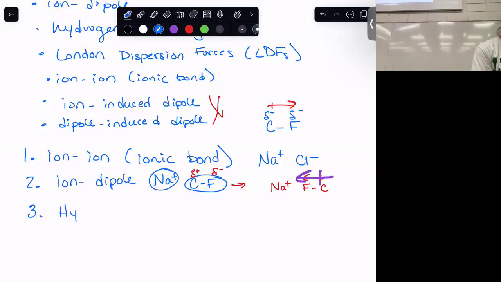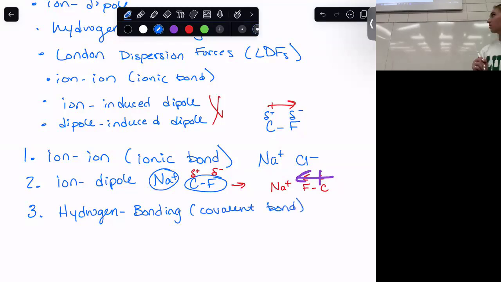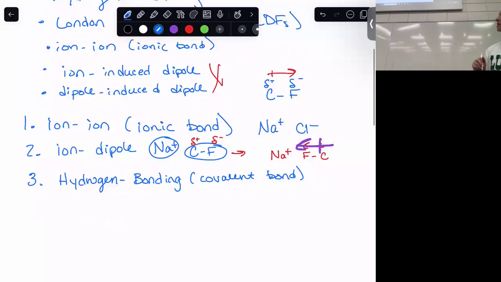Then we have hydrogen bonding. What kind of bond is a hydrogen bond in terms of ionic or covalent? This is a covalent bond. And what are our requirements for a hydrogen bond?